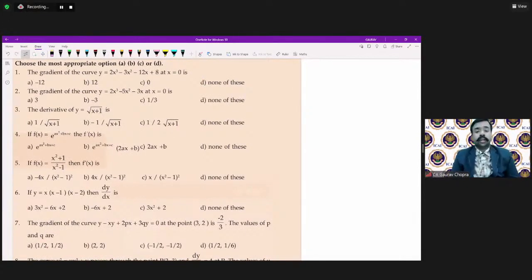Now we are solving questions from exercise 8A. Question number 1. The gradient of the curve y is equal to 2x cube minus 3x square minus 12x plus 8 at x is equal to 0. Okay, at x equal to 0, we are given a point. So first of all, we have to find the derivative dy by dx.